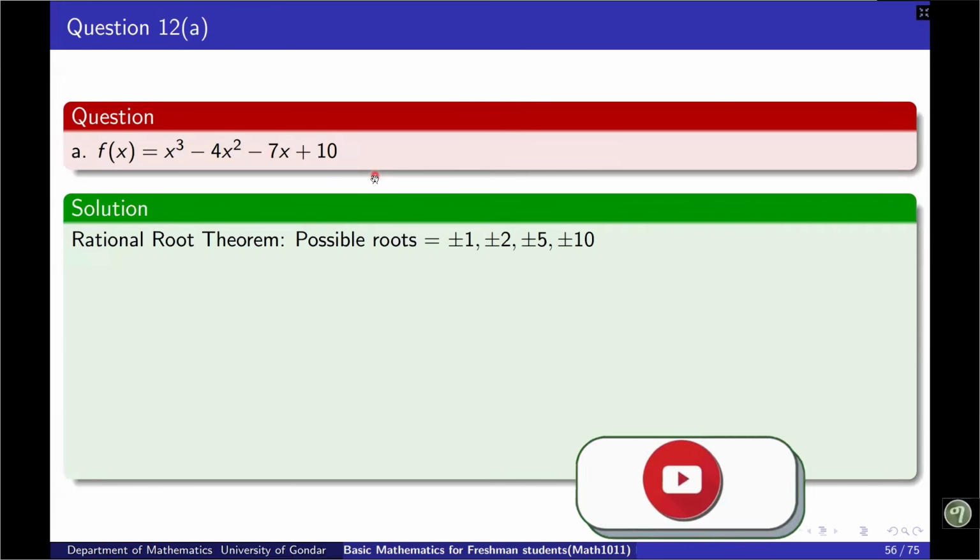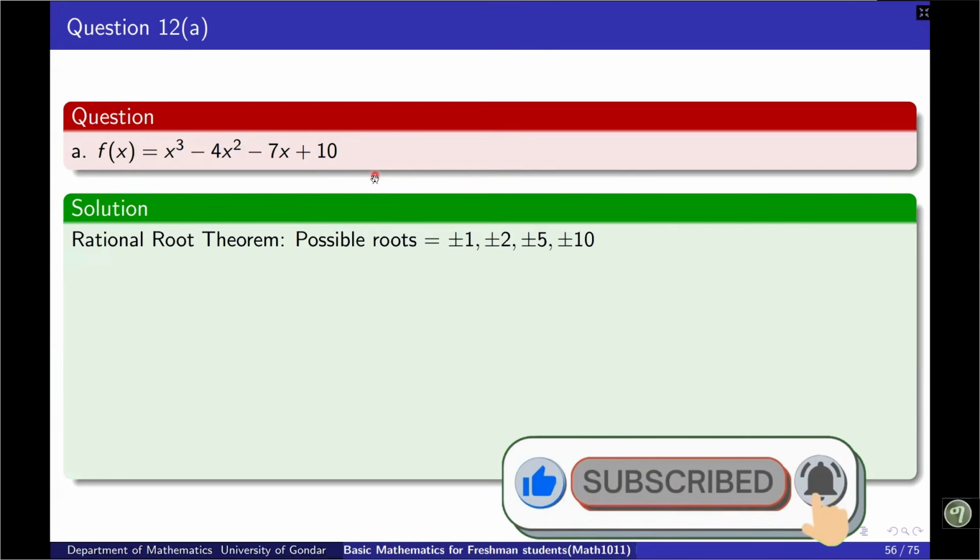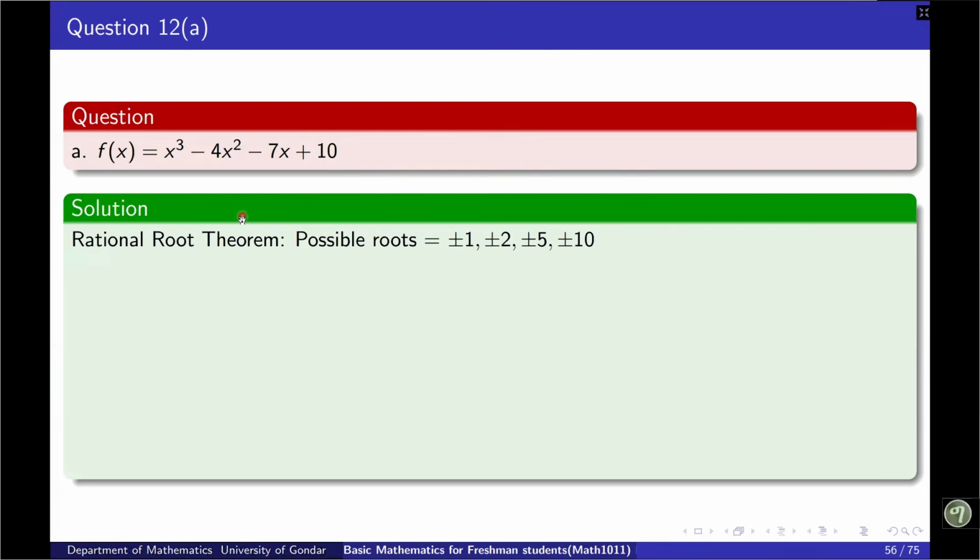When we apply the rational root test, if a rational number p over q is a root of the polynomial function, p must be a factor of the constant term, which is 10, and q must be a factor of the leading coefficient, in this case 1.